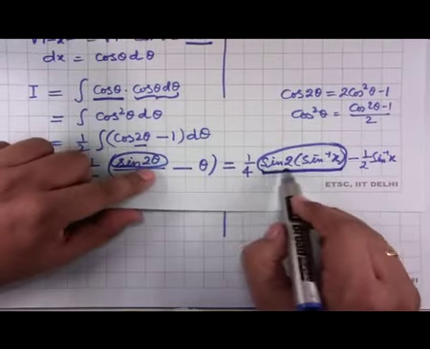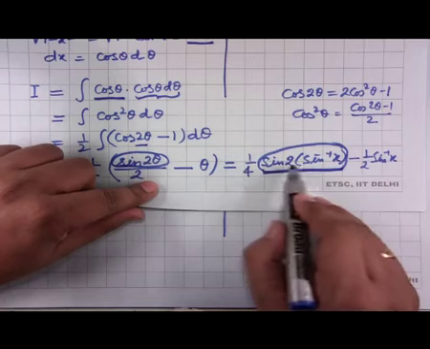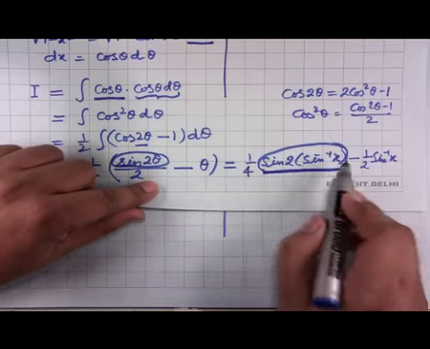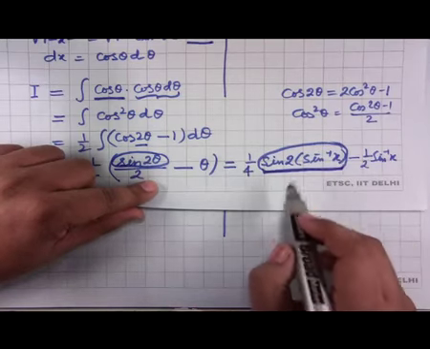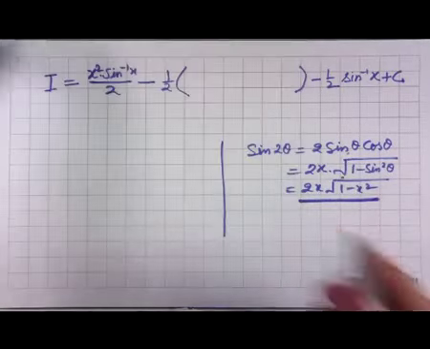You can also simplify this way: sin of 2 sin inverse x will be twice sin of sin inverse x into cosine of sin inverse x, and cosine of sin inverse x can be written as the square root of 1 minus x squared, which is the same as this term. So, ultimately we will get the same expression which we got from here.